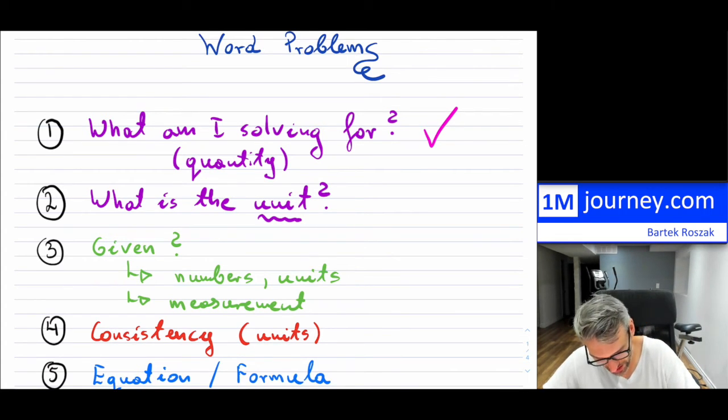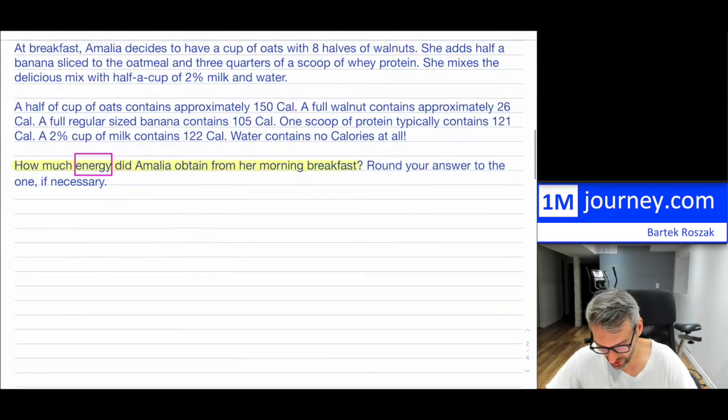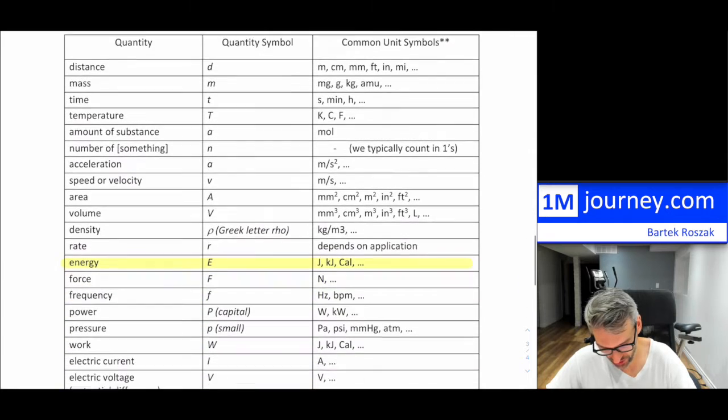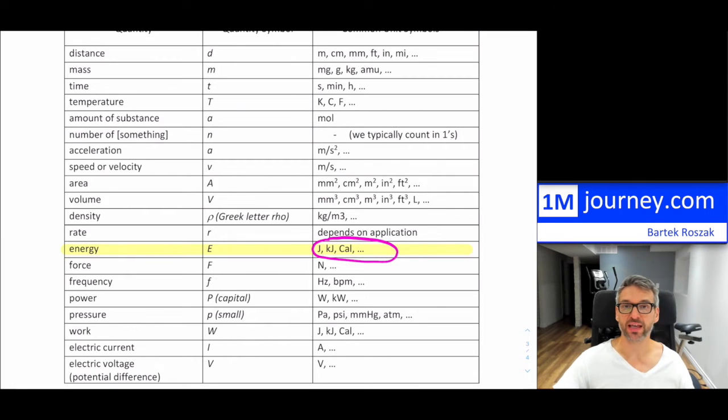Checklist 2 is, what are the units that I'm going to use? Now for energy, if I go back here to the table, there are obviously many units you can use for energy. But depending on the application, some units are more commonly used than others. Here we're talking about breakfast and we're trying to calculate the energy from that.